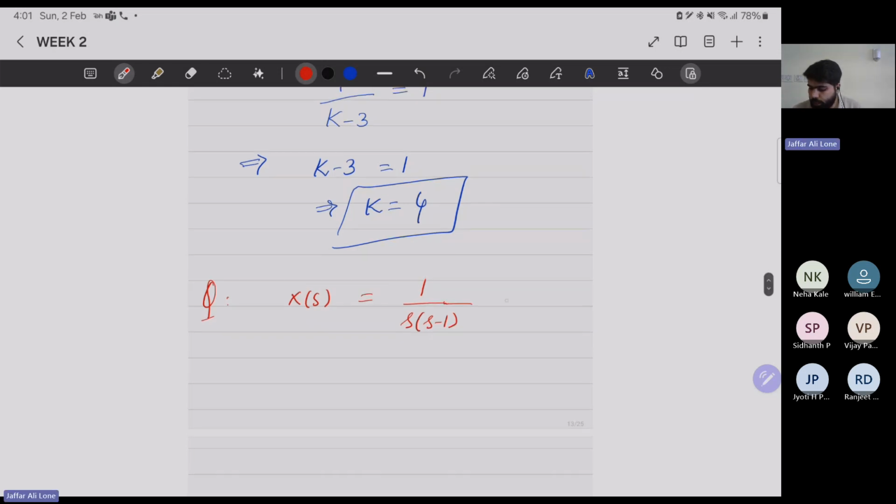But using the final value theorem. -1. Can you cross check?